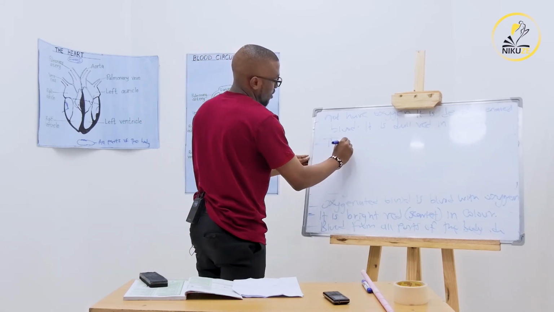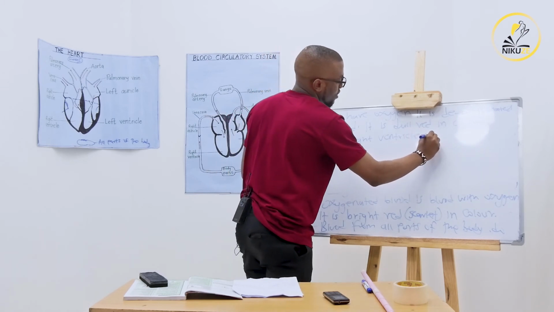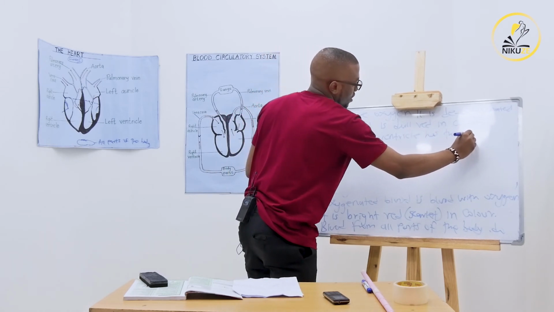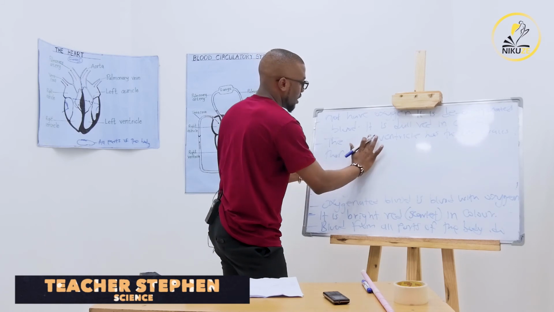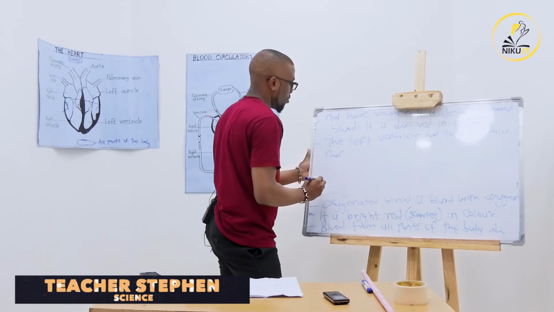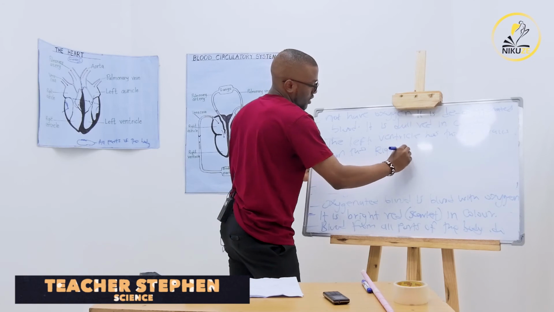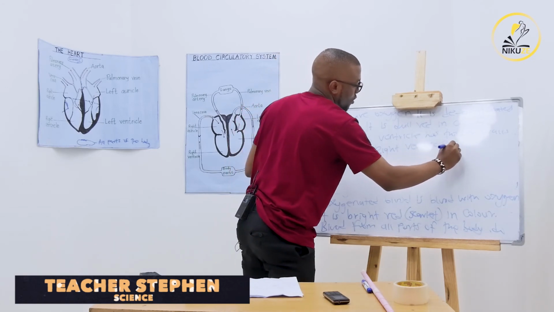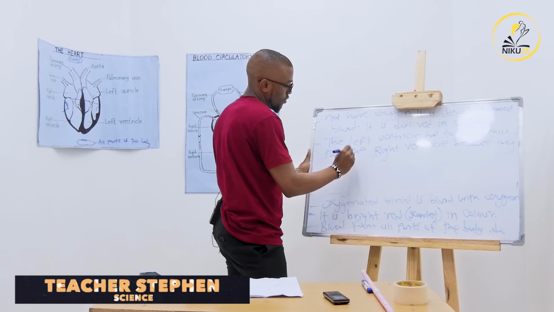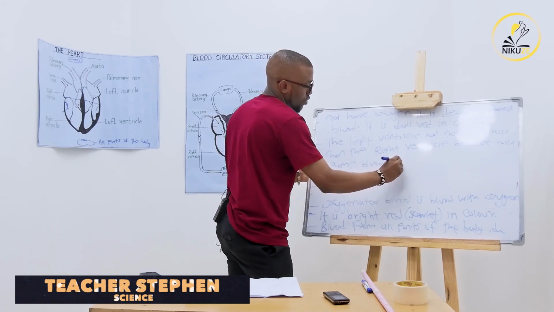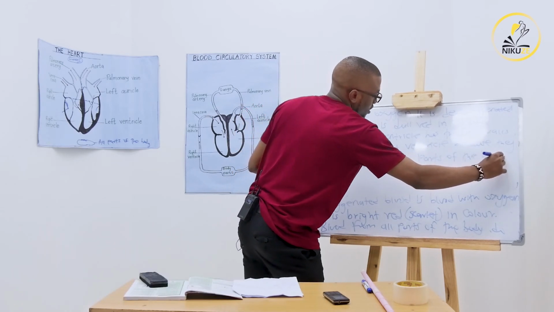The left ventricle has thicker walls than the right ventricle, because it pumps blood to all parts of the body.